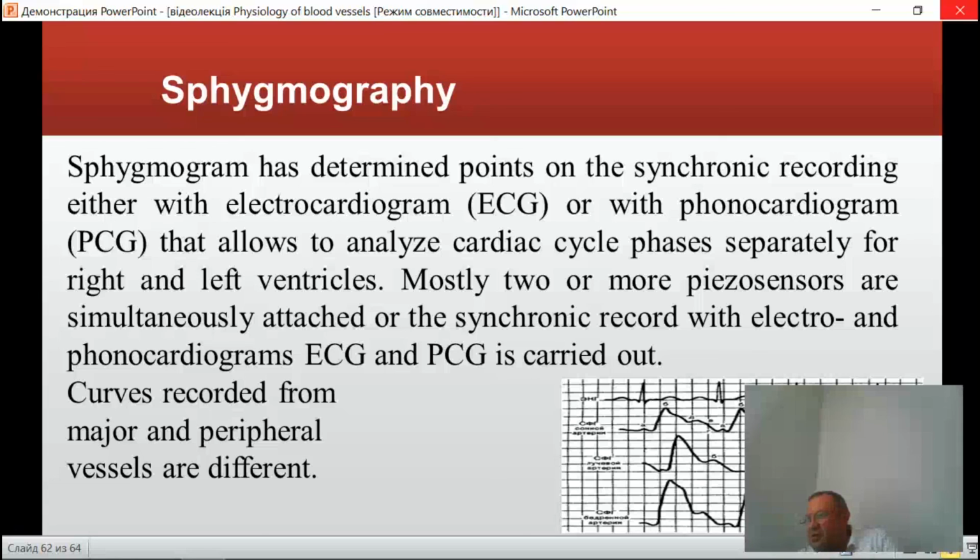Mostly, two or more piezosensors are simultaneously attached for the synchronic records with electro- and phonocardiograms. Curves recorded from major and peripheral vessels are different.